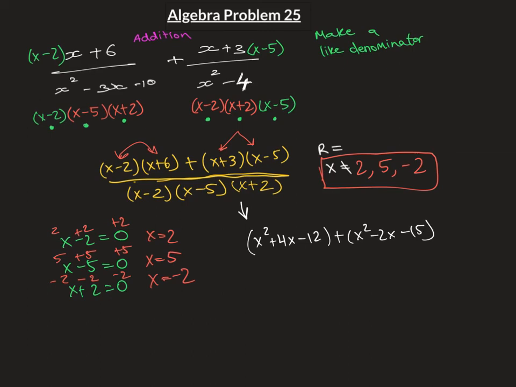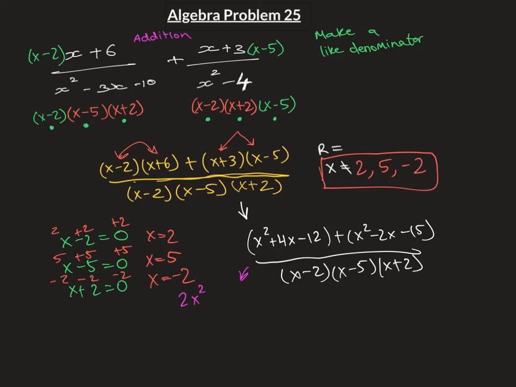Now we can go ahead and add all the like terms. This is technically all over x minus 2, x minus 5, x plus 2. Let's add everything in our numerator. We have x squared plus x squared, which equals 2x squared.